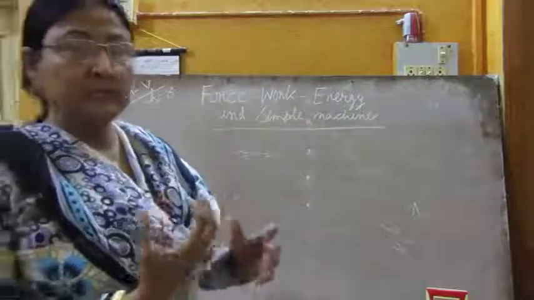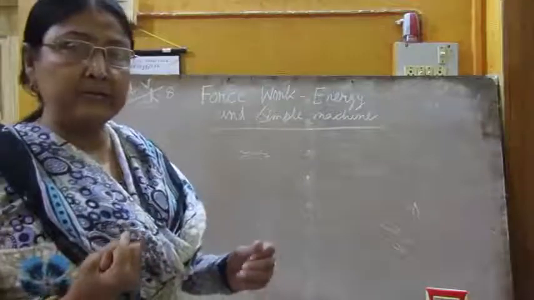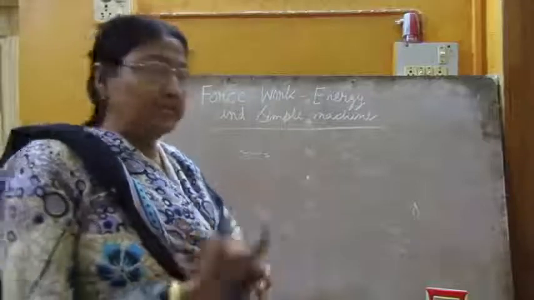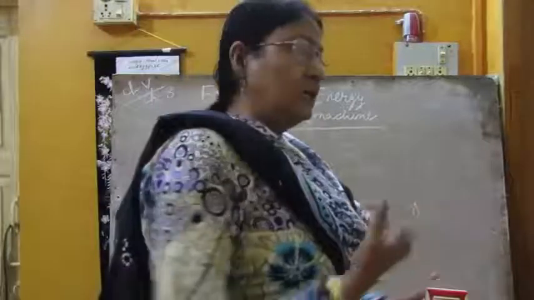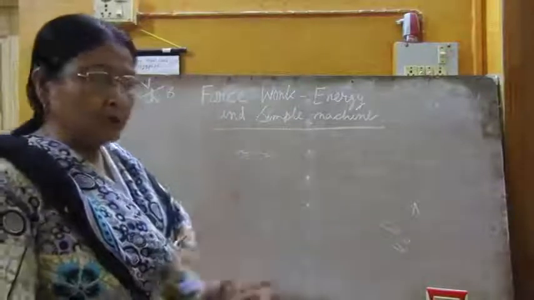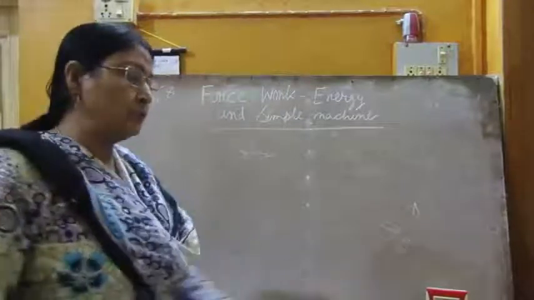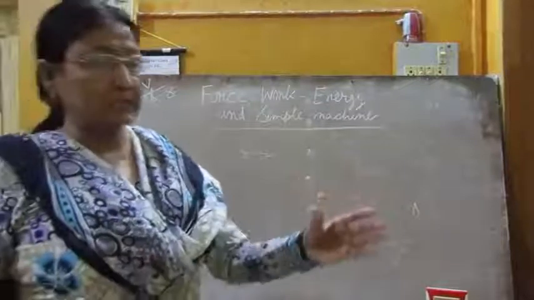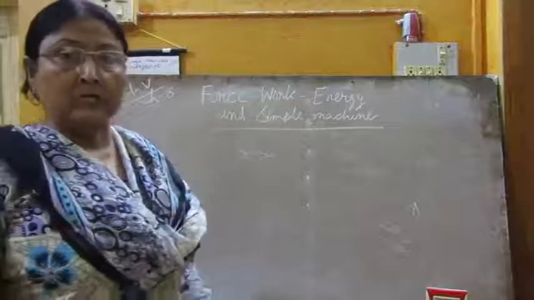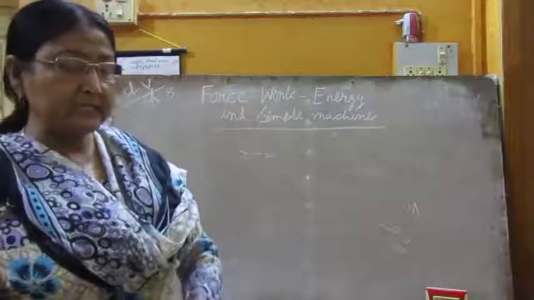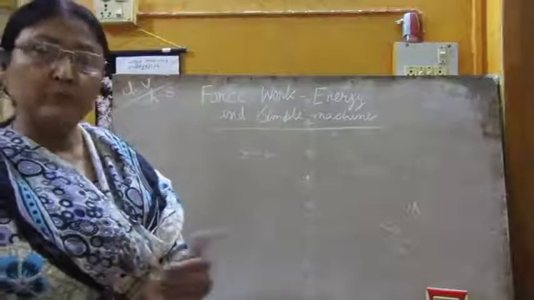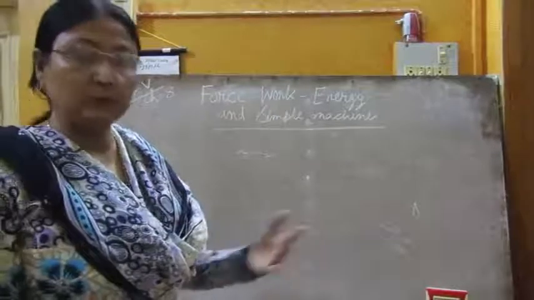It regulates our speed so that we walk nicely on the floor without slipping. But if the floor is too slippery, sometimes Papa and Mama tell you to walk carefully because there is water on the floor. If the water is there, the frictional force decreases, and that's why you may slip very fast.